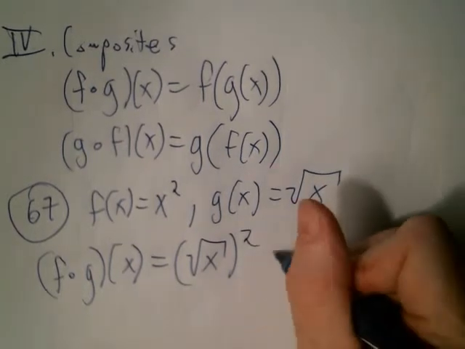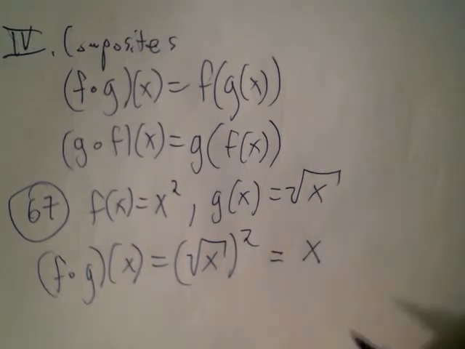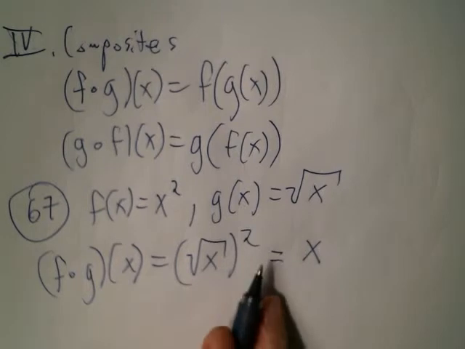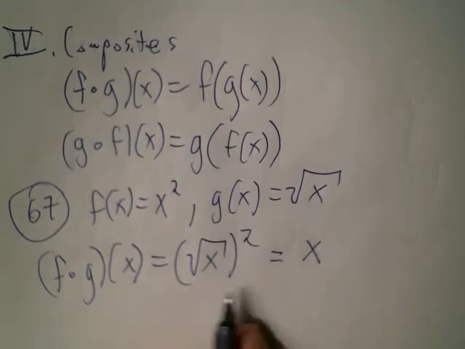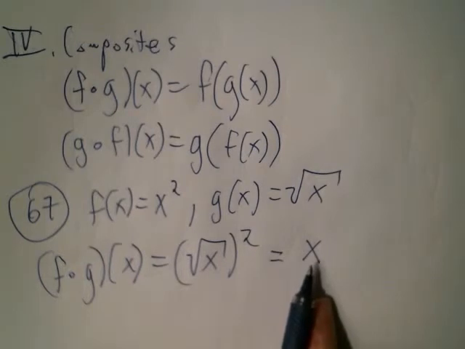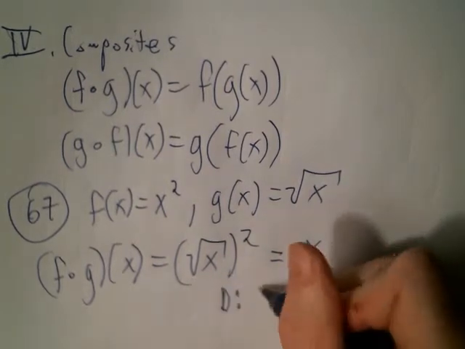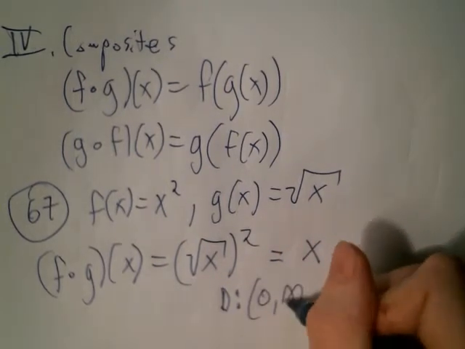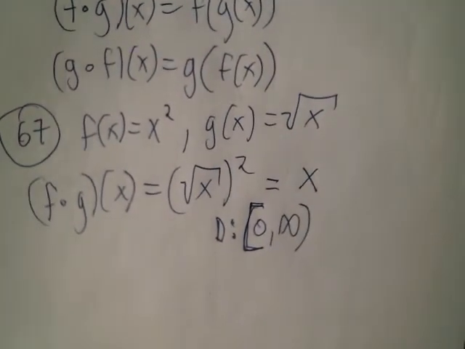When I square it, it'll get rid of the square root, so I'll end up with x. But the domain of this thing is different than the domain of the original. So that's one part you have to worry about with composite functions: if you do the simplifications, you lose information, right? In the original, because we have this square root, we need to ensure that our values are greater than or equal to 0. So our domain will be from 0 to infinity.